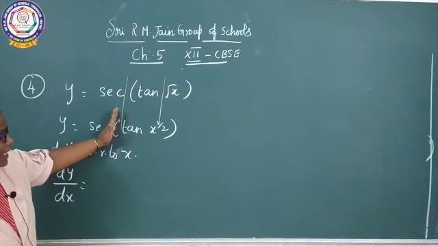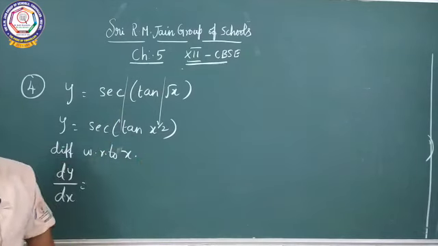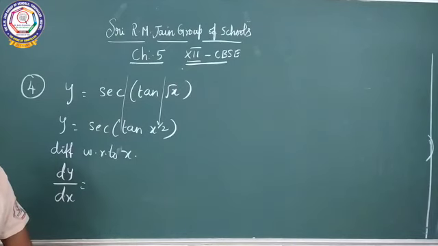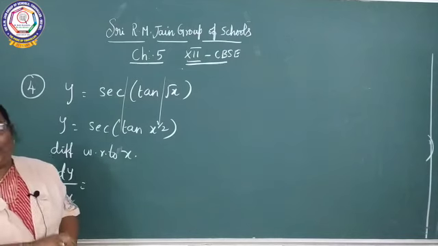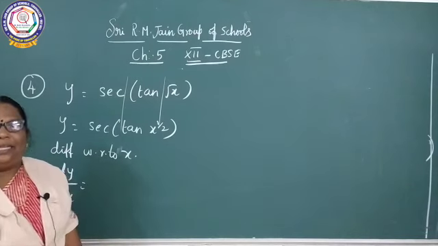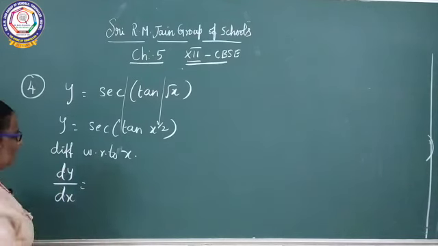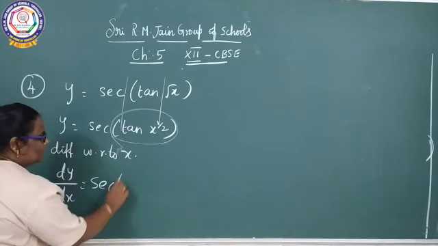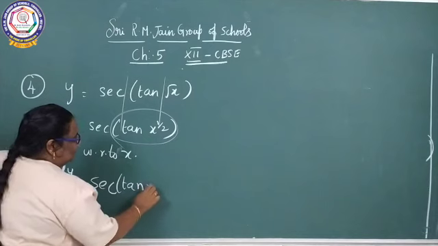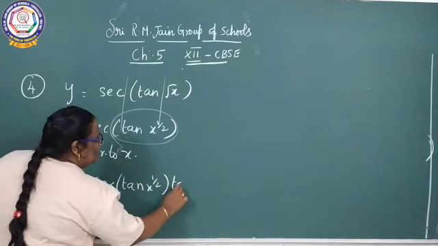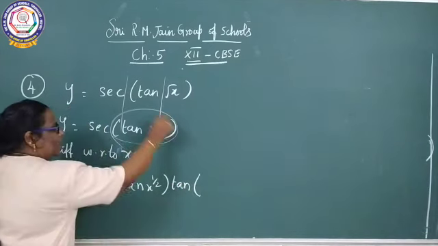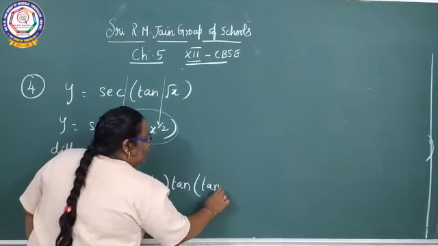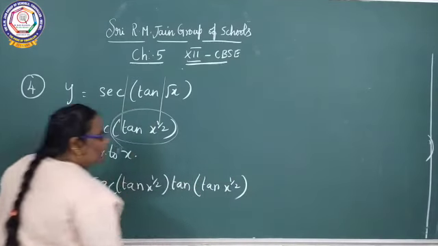Okay. What is the formula for the derivative of secant x? Secant x into tan x. So, what is my x? The full term is my x. So secant x into tan x, where the x is tan of x to the power 1 by 2.